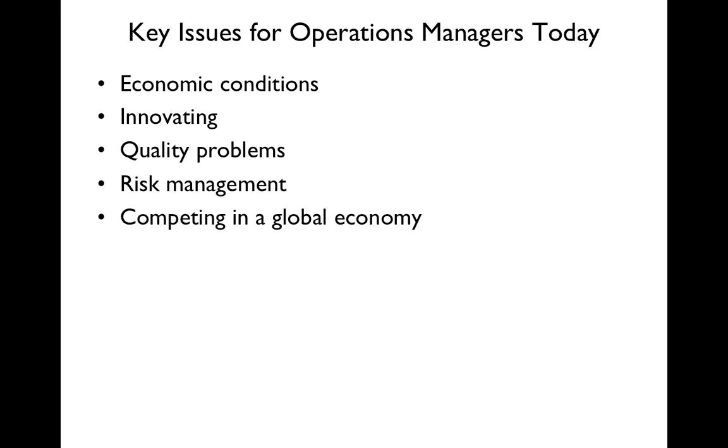And there's innovating, what's happening, how are you going to make something new, quality problems, how do you make sure you have good enough quality, how do you manage risk, and then competing in a global economy. You hear about that a lot where, hey, my job got exported to China or something. That is really the global economy. How do you manage competition in that environment?